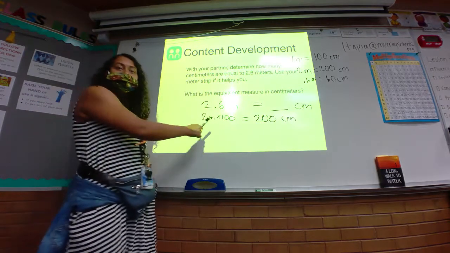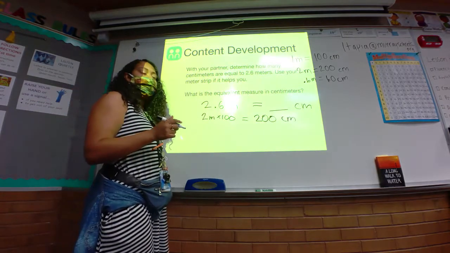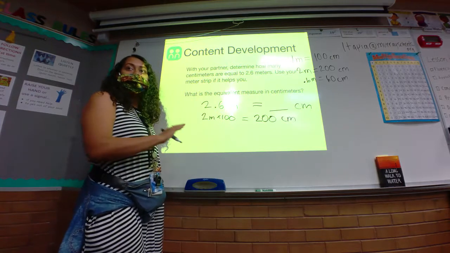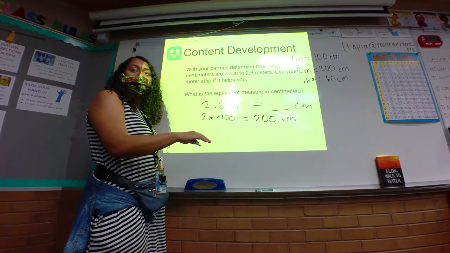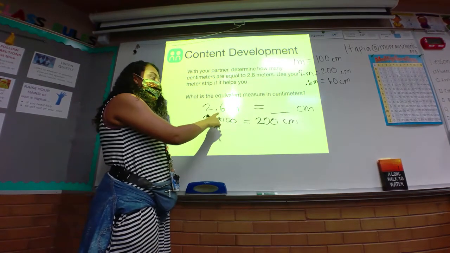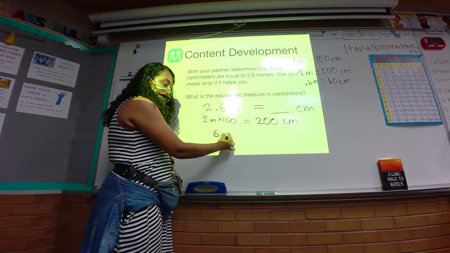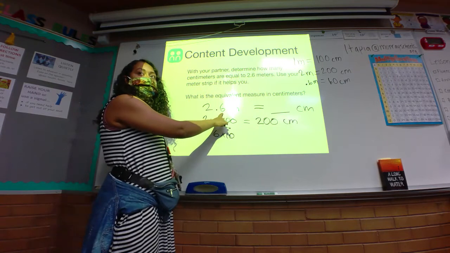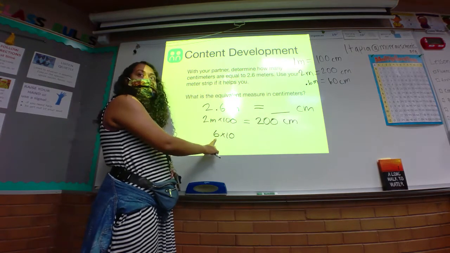Okay, Dylan, eyes up here. Elian, eyes up here. Okay, so what else, Marley? With the 2, you have to times it 6 times 6 times 10? Yeah. Like that? Is this 6 ones? No. Okay, what is it?